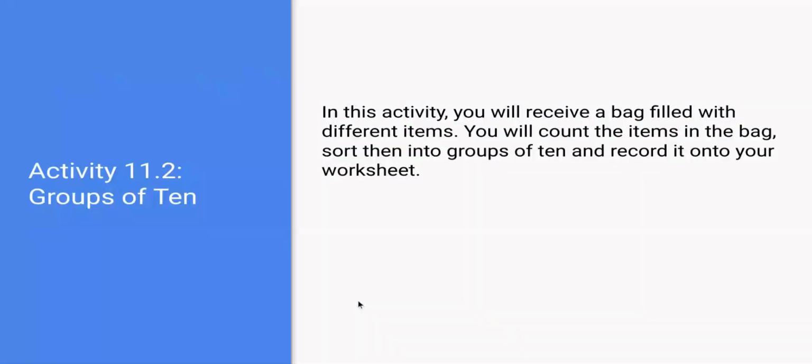For activity 11.2, it was groups of 10. In this activity, you will receive a bag filled with different items. You will count the items in the bag, sort them into groups of 10, and record it onto your worksheet.